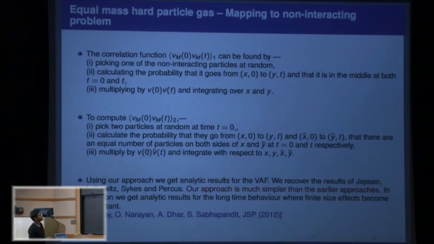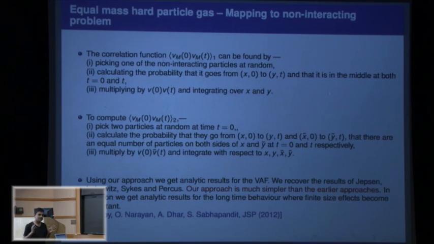Okay, so let me just say how one computes this correlation. Now I am thinking of the non-interacting gas, and if I want to compute this, then I pick one particle at random, and I ask what is the probability that it goes from x0 to some yt at time t.